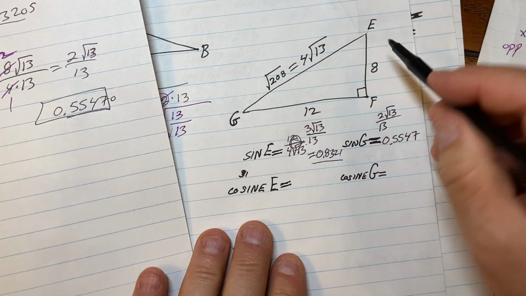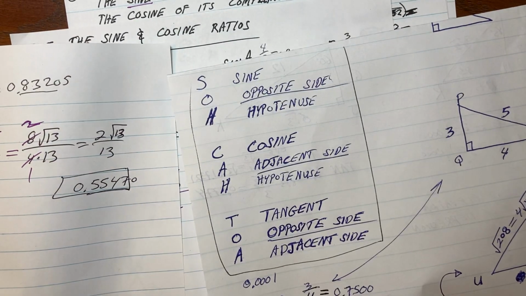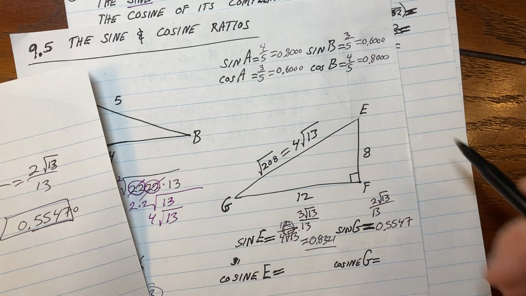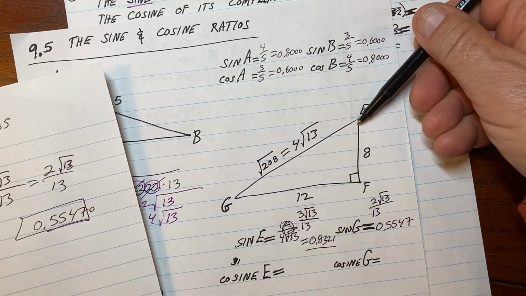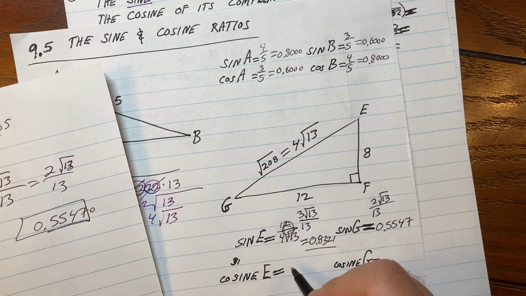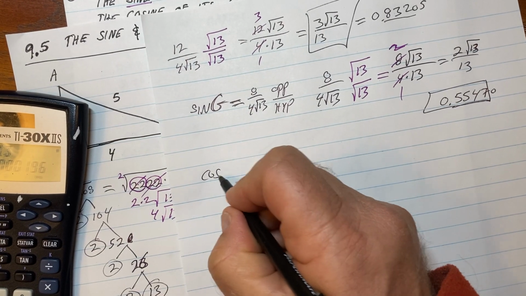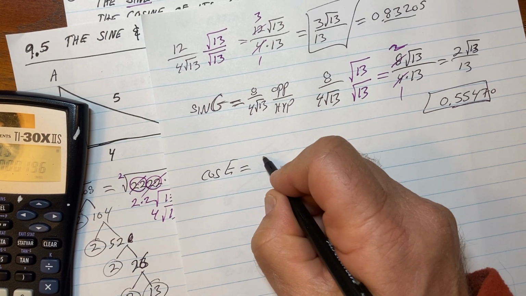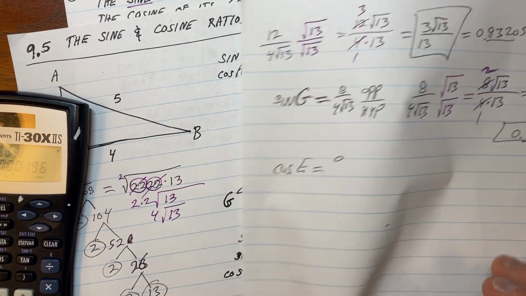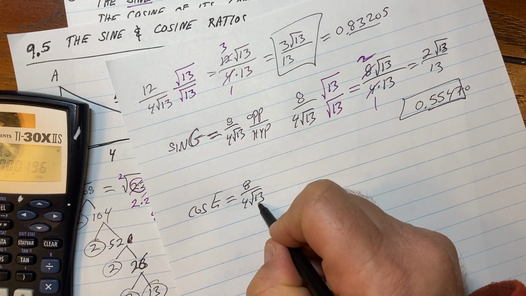Cosine of E. Here's E. Cosine is defined as adjacent over hypotenuse. That's relative to E. That's adjacent. That's hypotenuse. It's going to be cosine of E, adjacent 8 divided by 4 root 13.